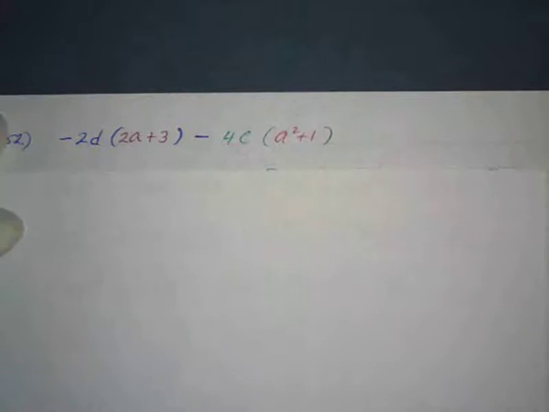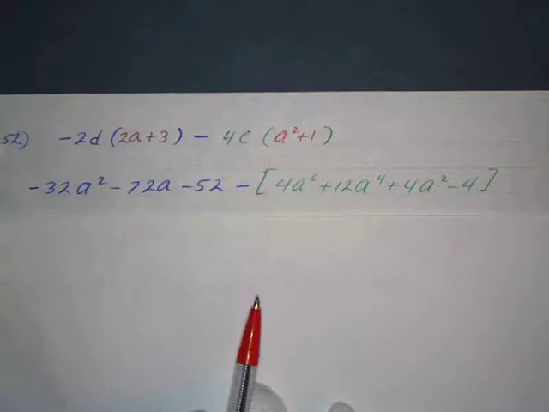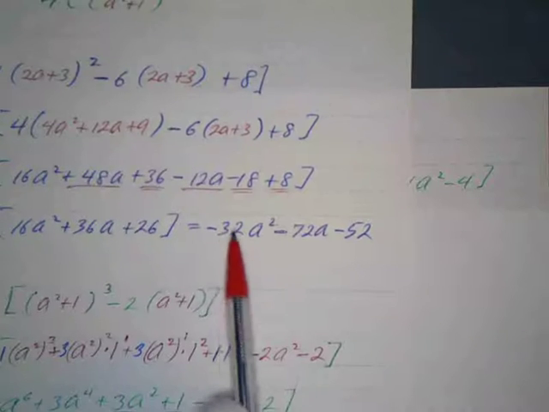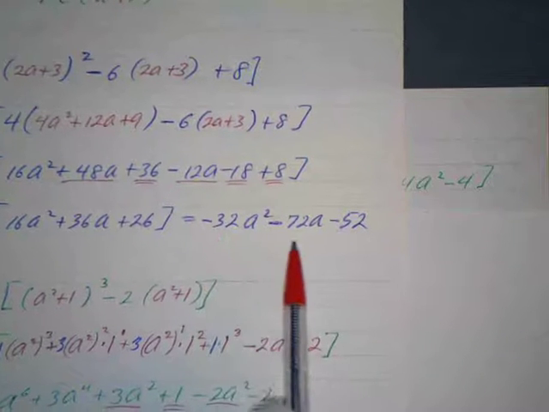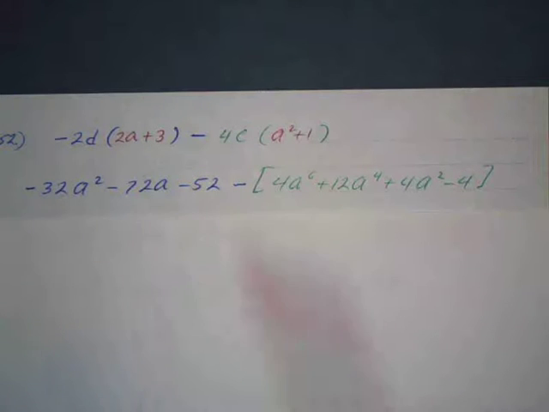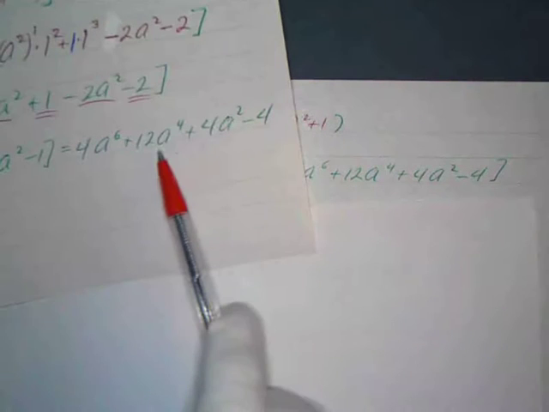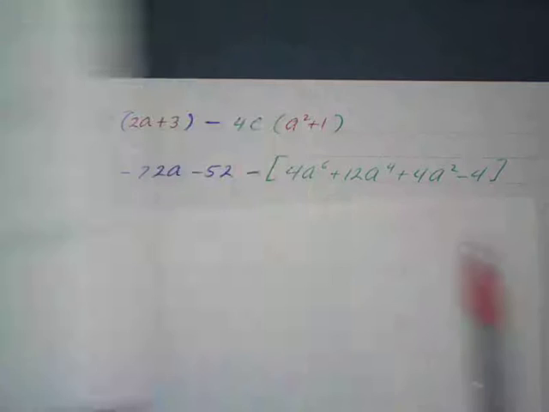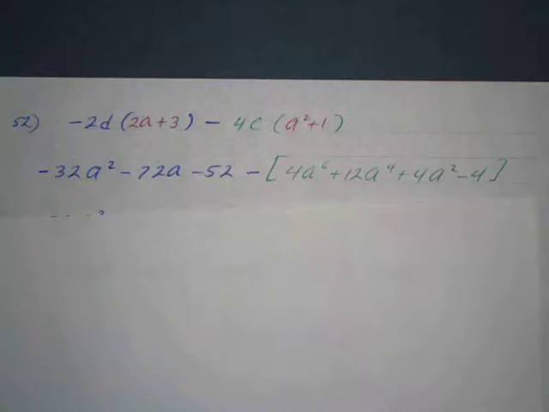So again, this is what we got. This over here was, go back and see, negative 32a squared minus 72a minus 52. There's my negative 32a squared minus 72a minus 52. And then the 4c of a squared plus 1, that was the 4a to the 6th, 12a to the 4th, 4a squared, minus 4. And that's what we have with it.